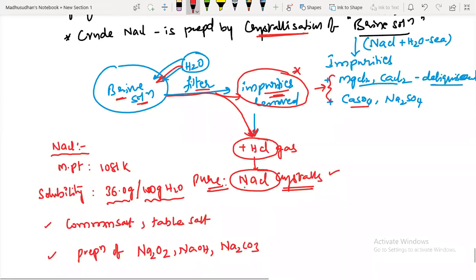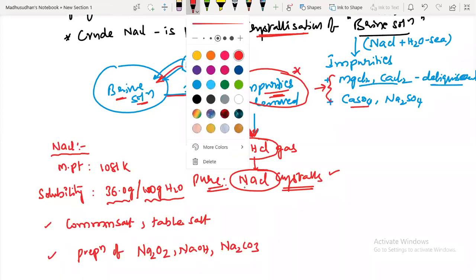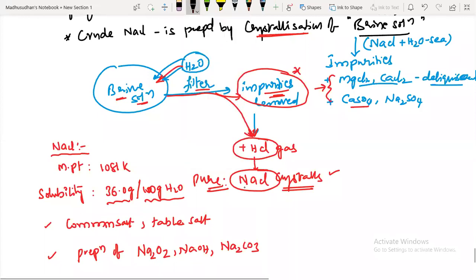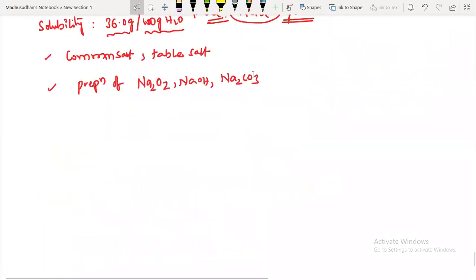Now I'll start another important compound of first group elements: sodium hydroxide.